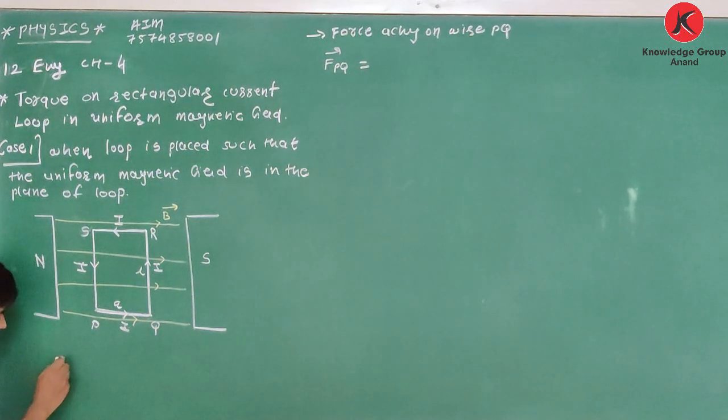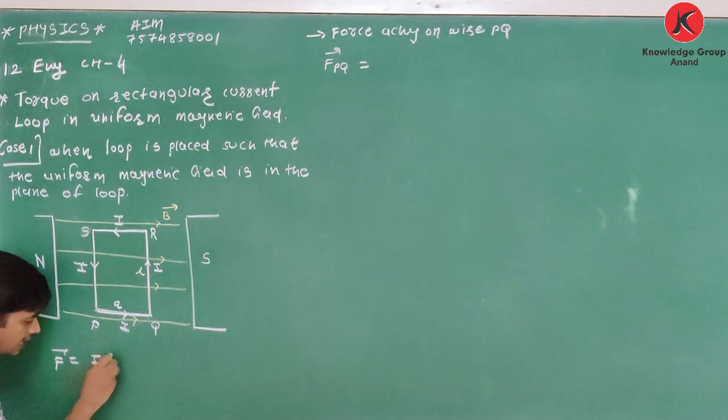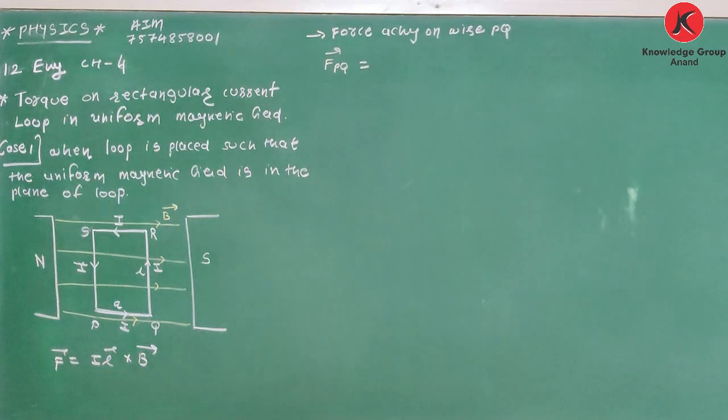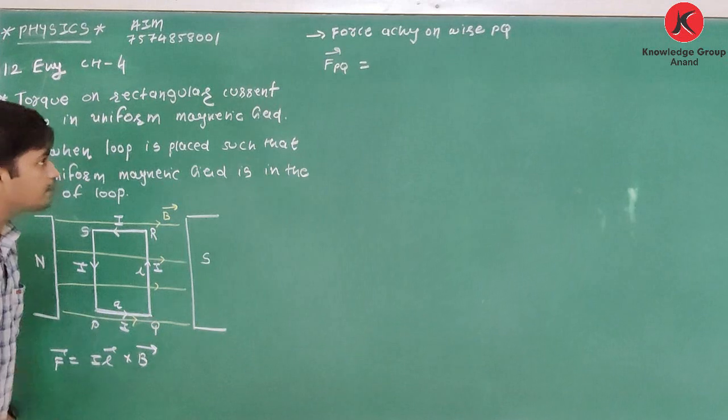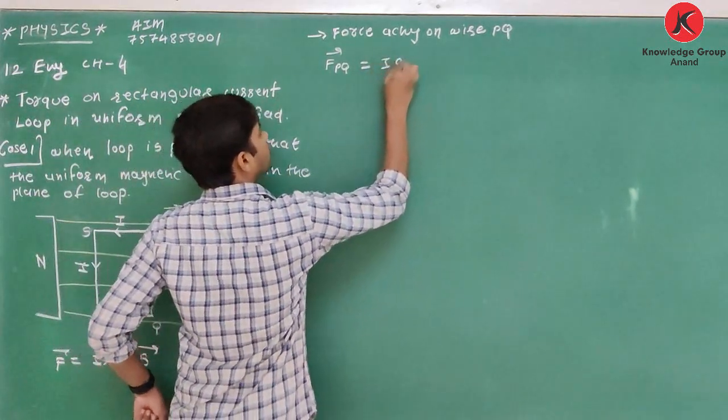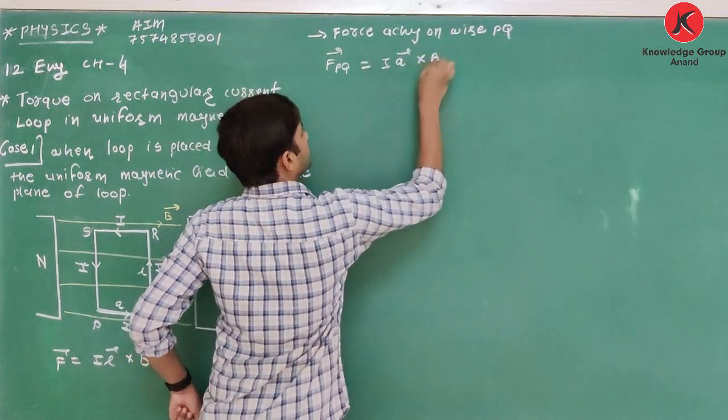If you remember, F is equal to I dL cross B. On this wire PQ, the current flowing is I and the side is A, so I can write it as I A cross B.